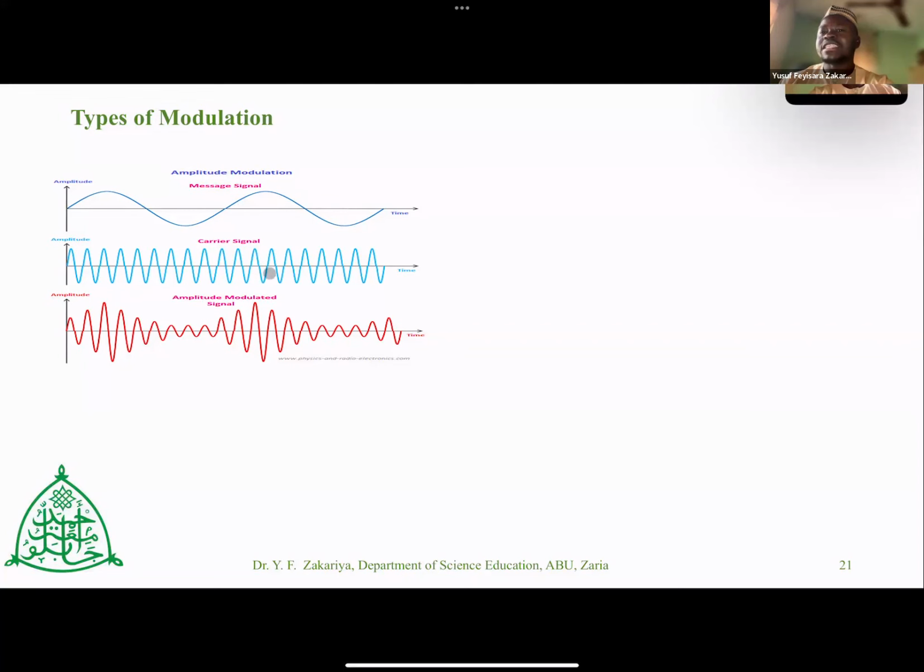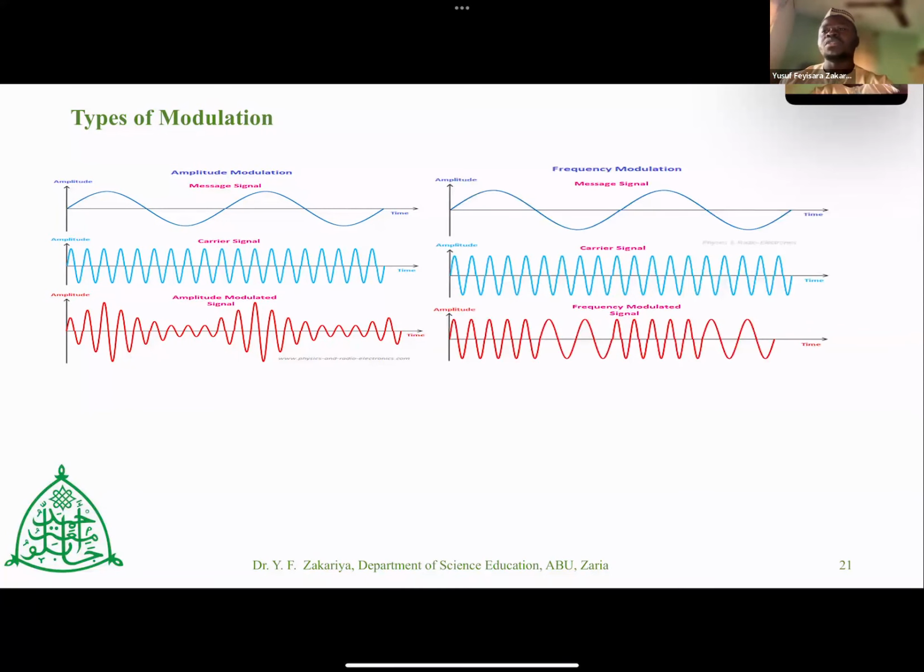Here it is flatter, but here it is higher. But by the time it gets to the modulated one, look at it. Some peaks are high, low, high, low. When you speak, at times you speak with a low voice, and at times you speak with a high voice, depending on the emphasis in the words that you pronounce. So that's why you can see the high and the low, in such a way that the sound comes out the way it should be.